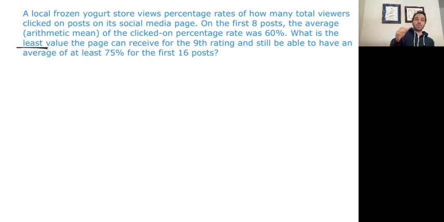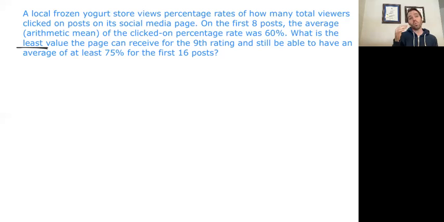What's going to happen here is the least value is going to be associated with the other outcomes trying to make this not happen. So if you want the score on the 9th one to be as low as possible, and yet the remaining ones can still raise the average to the point where they're 75%.